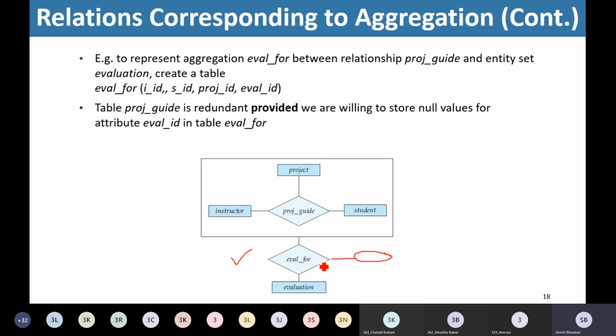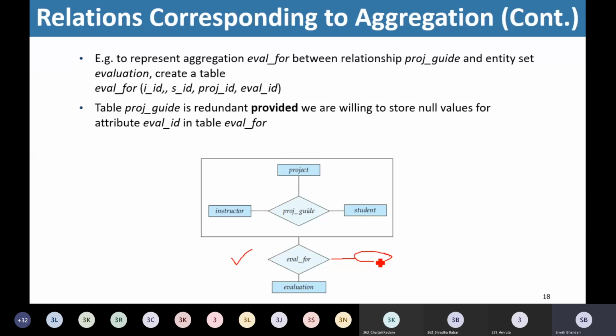So in the table associated with the relationship set eval for, I'll have the primary key for this entire aggregated structure. What will I have in the primary key of this? I'll have the primary key IID for instructor, the primary key of student, that is SID, the primary key of project, that is project ID, and also the primary key for evaluation, that is evaluation ID.